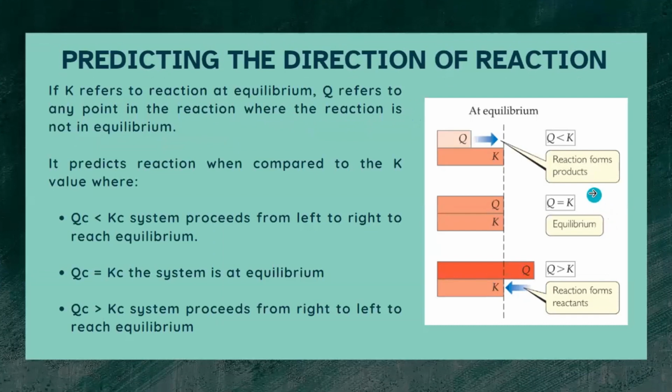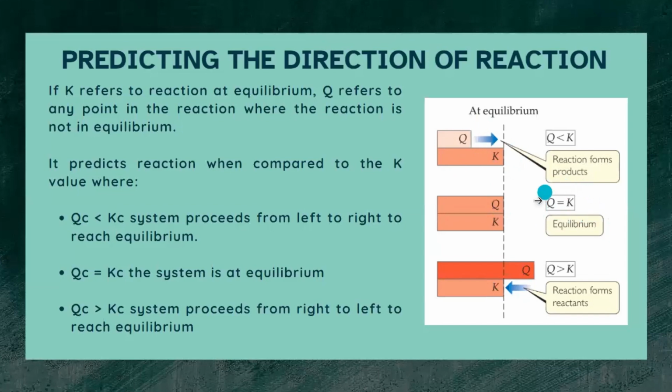We can use Q with reference to K to predict what happens in the reaction until it reaches equilibrium. So we have this graph here where the dashed line represents the equilibrium state. If Q is less than K, then the reaction shifts from left to right, meaning it consumes more of the reactants in order to produce more products until equilibrium is established.